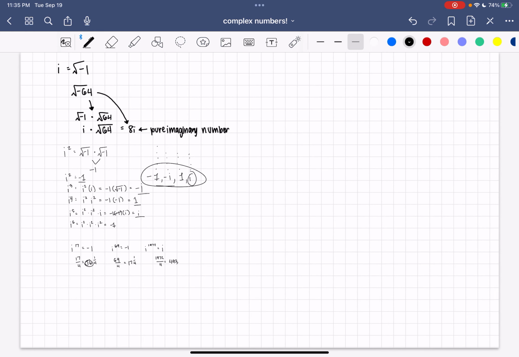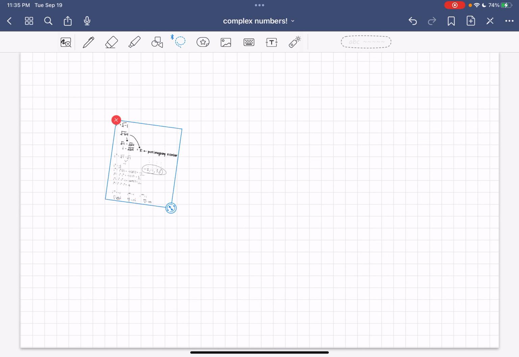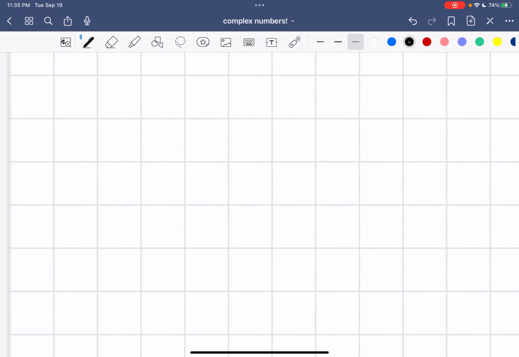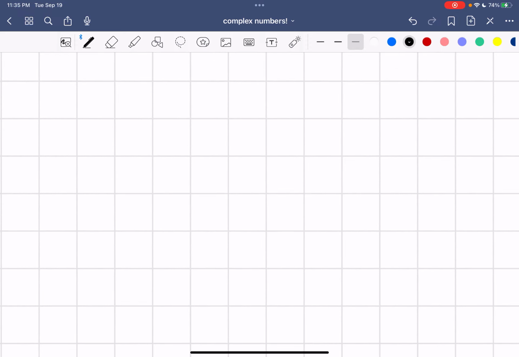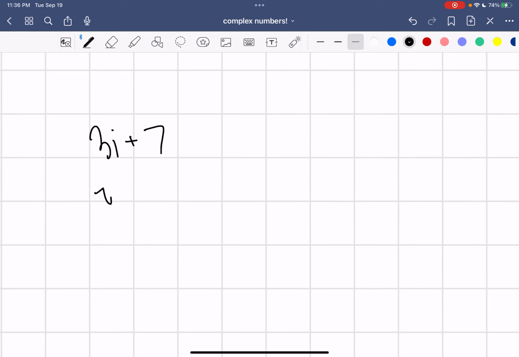Awesome, guys. Okay, we learned the basics of imaginary numbers. Now we're going to move on to actual complex numbers. Complex numbers are just when a real number is added to an imaginary number. Like 3i plus 7, or the square root of 2 plus 3i.